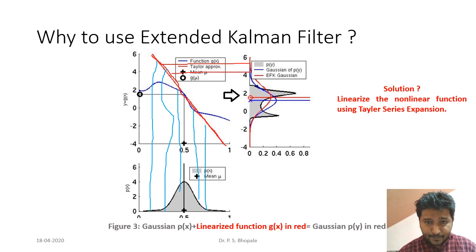We can see this linearized red distribution is again a Gaussian distribution. So a Gaussian input Px plus a linearized function g of x in red color will give us a Gaussian output covariance.